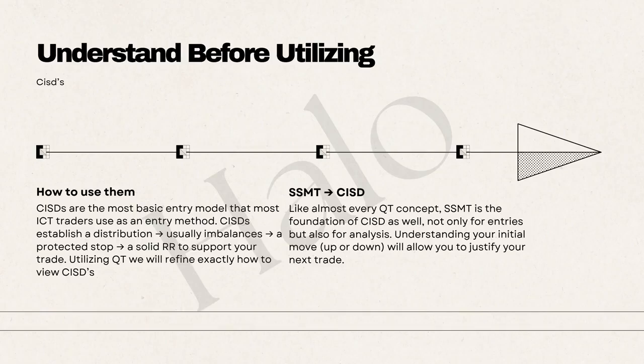You can also use it normally, regarding normal sequential SMT, and then later on, you look for a CISD, right? Mind you, sequential SMT is a foundation of CISD as well, right? Same with QT, not only for entries, but also for analysis. I want to specify something here. When it comes to looking at CISD OBs, I use them a lot for my analysis.